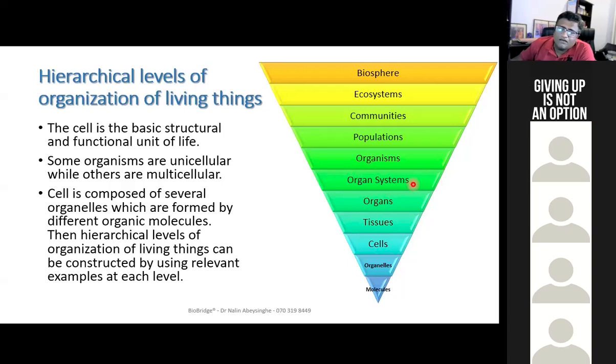If you take the cardiovascular system, your heart will be there, your arteries, your veins, your capillary system are there in your cardiovascular system, which is an organ system. If you take your nervous system, you get your brain, your spinal cord, your peripheral nerves and all in your nervous system. It's an organ system. So organ systems get together to form an organism.